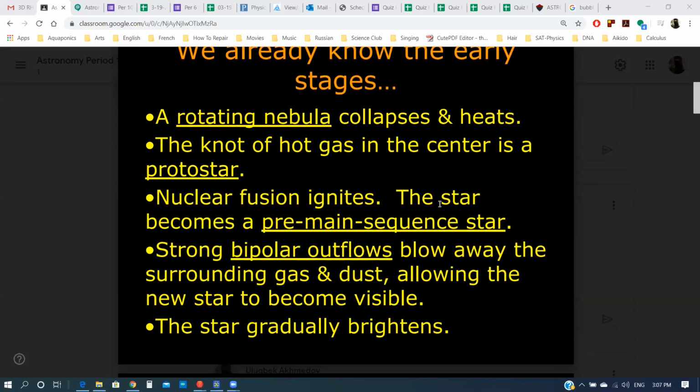A pre-main sequence star is a star that will start fusing hydrogen into helium, and this could be observed from a distance by looking at the bipolar outflow. So these are two flows of stellar wind, early stellar wind, coming out in polar directions, right?